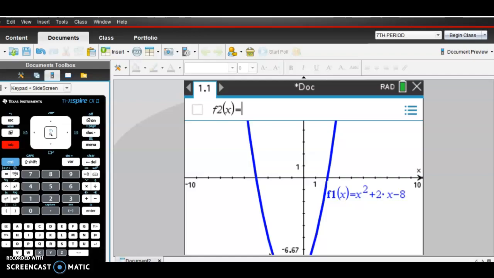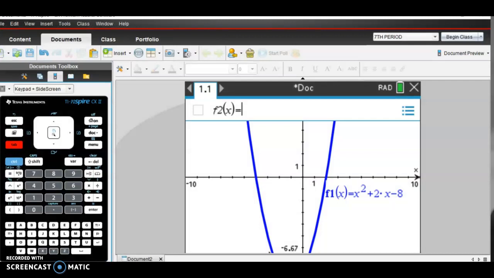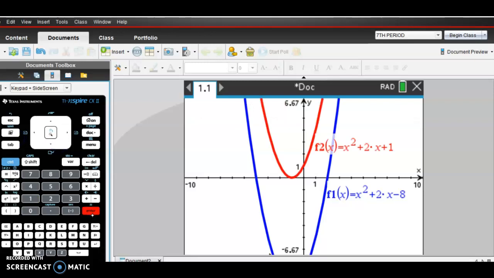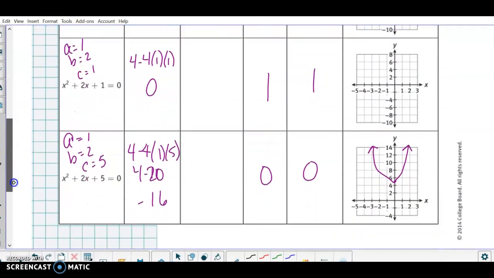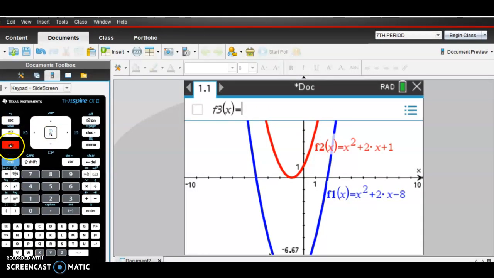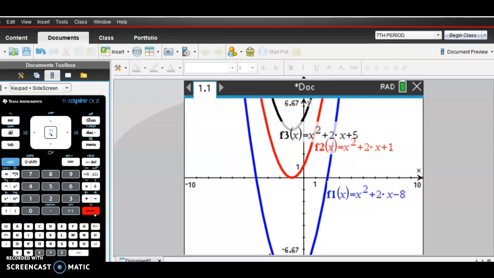My second equation, x squared plus 2x plus 1, I have just the 1, and it is also the vertex. And then our last one was x squared plus 2x plus 5. You can see that is way up above the x-axis, so there were no roots.